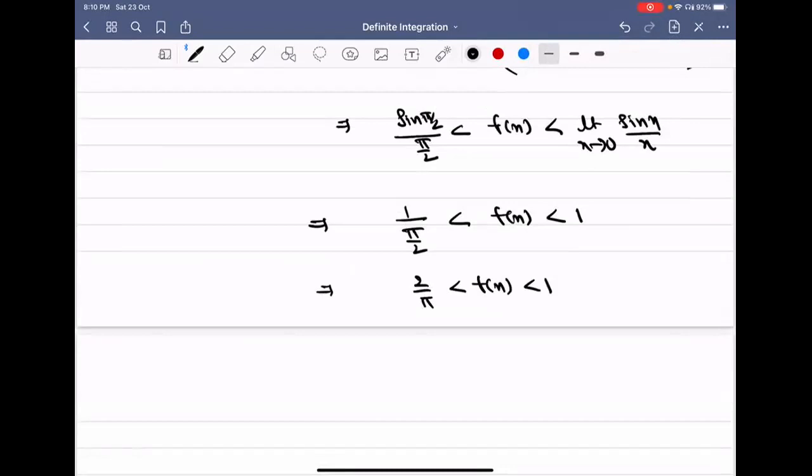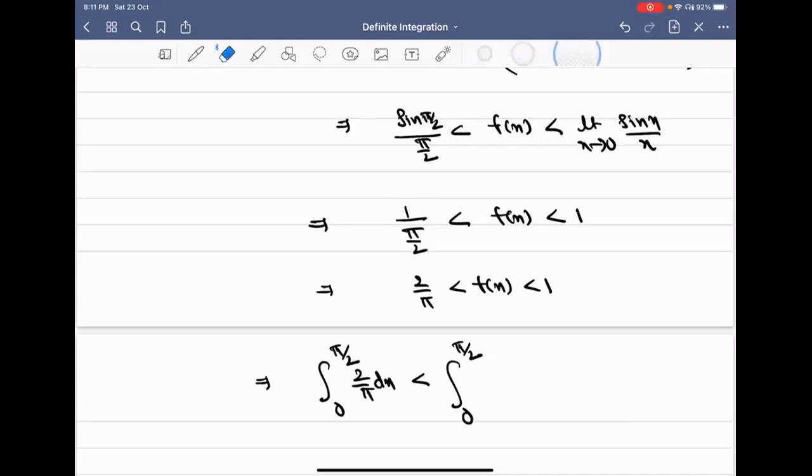Now integrate in between the limit 0 to pi by 2. One more step we will write here before integrating, because our f of x is sin x by x.